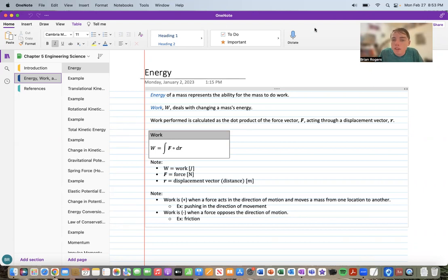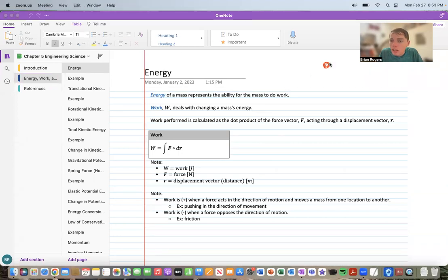So what we're going to see is maybe an object is, say we have a ball, and that's at a very high elevation. So it has a lot of potential energy right now. It's on top of a hill or something. So it's at a very high height. So it has a lot of potential energy.